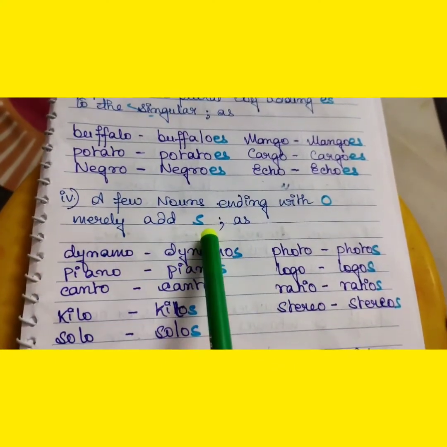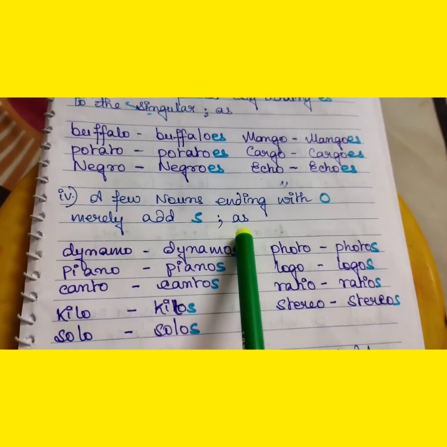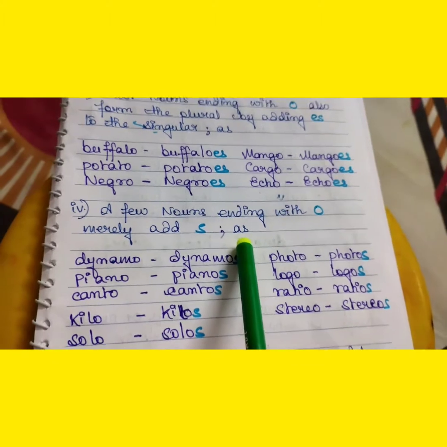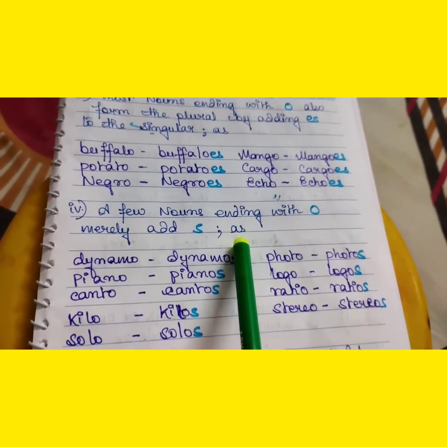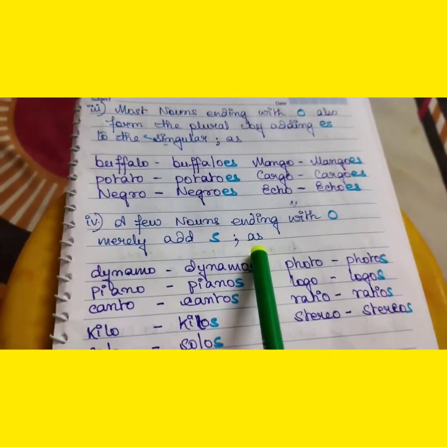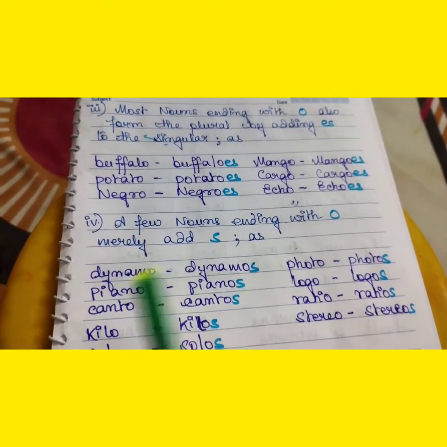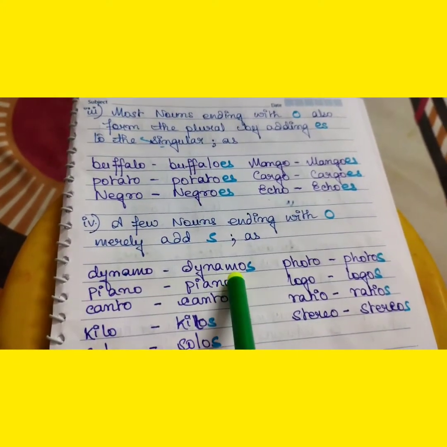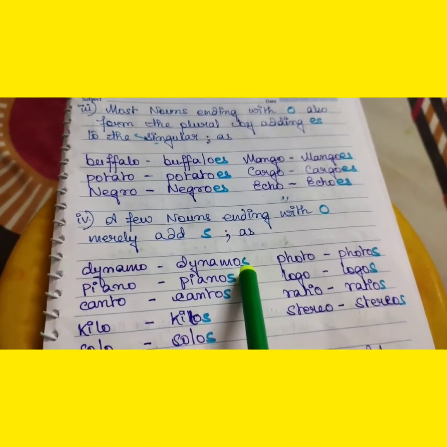A few nouns ending with o merely add s. Now, all the nouns which have o at last will not always get added with es. There are some exceptions which only get added with s, like dynamo will become dynamos, only s is getting added here, not es.